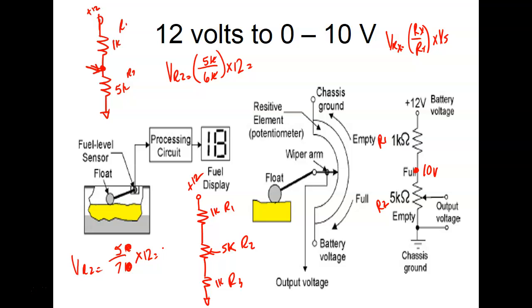So what would my 5K drop? 8.57. Now the 1K, so VR1 would drop 1K over 7K. The K's cancel, times 12.